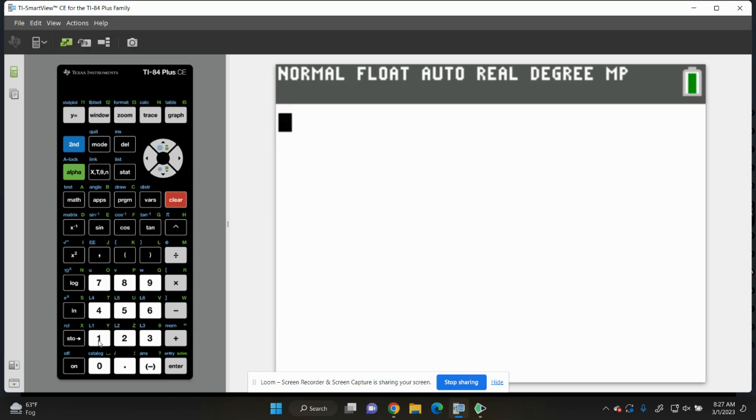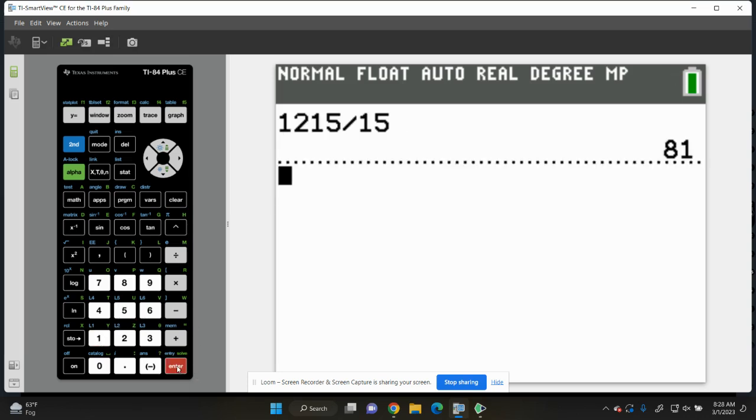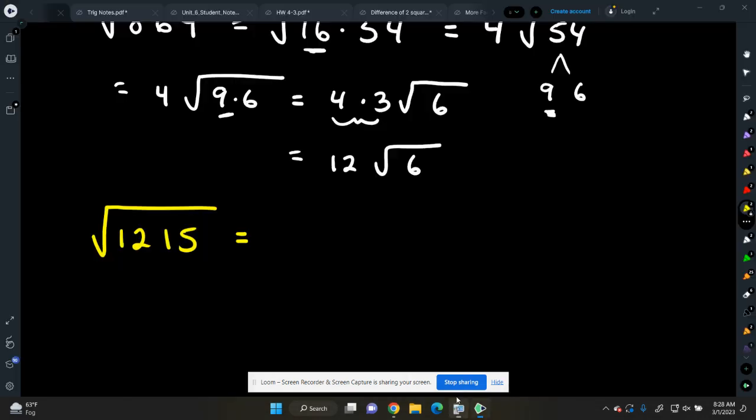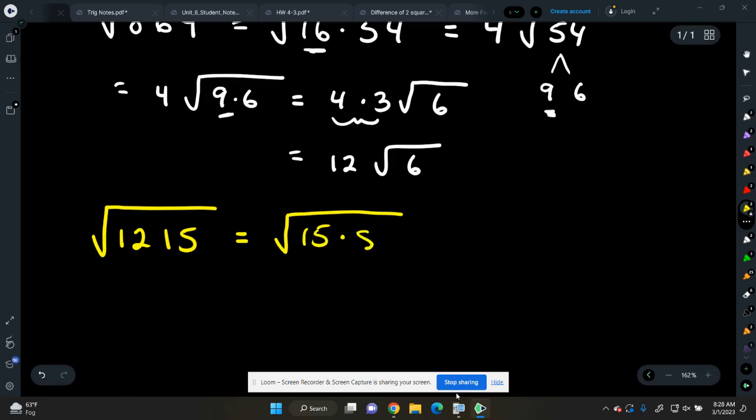So what do you want to try dividing it by? 15? Okay, we could. Yep, let's try 15. That worked out nice because why? 81's a perfect square, yes. So that worked out really nice. So this is the square root of 15 times 81.